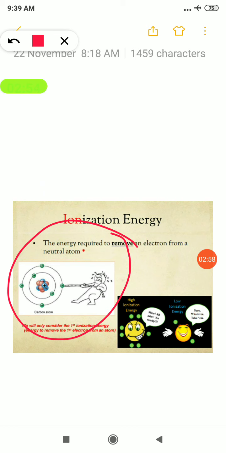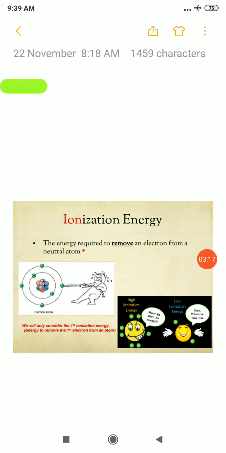For that he must possess a certain energy, and that energy is called ionization energy. அவர் என்ன பண்ணுறாரு? அந்த கடைசி எலக்ட்ரானை பிடிச்சி இழுக்கிறாரு, வெளியே இழுக்கும்போது surely he must possess certain energy. That energy is called ionization energy. The energy required to remove an electron from a neutral atom.